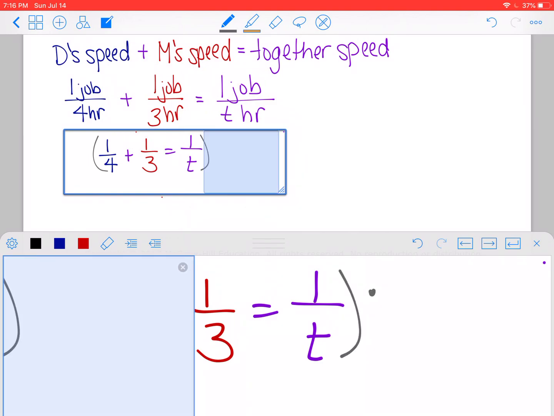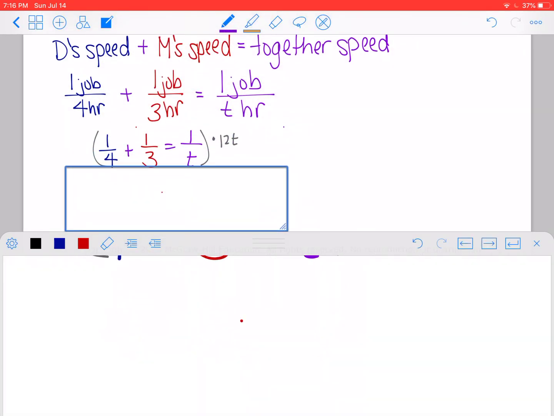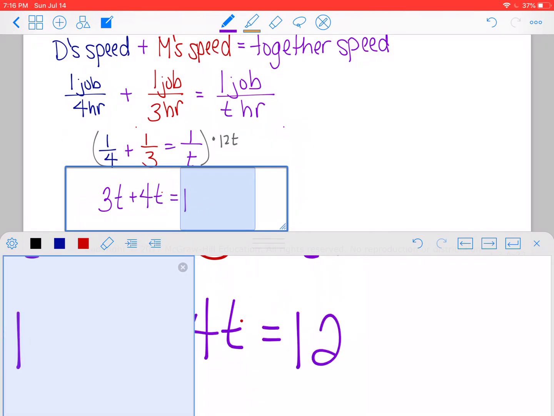So let's multiply by the common denominator, 12t. That gives us 3t plus 4t equals 12.